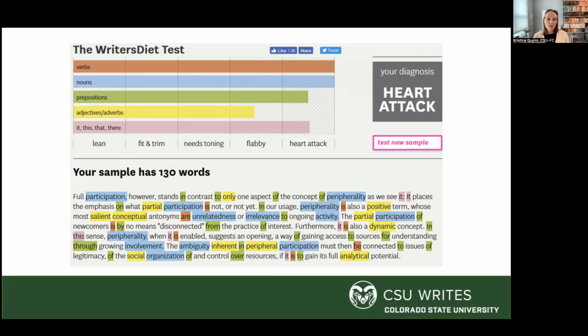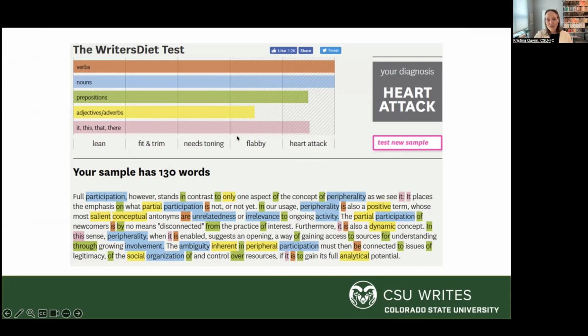So if you're looking to build your clarity and concision writing skills, and you're not sure where you have some challenges in your writing, you can just dump in a portion of it. It doesn't keep it, and it'll give you a diagnostic view. In this one, you can see the nouns, the verbs, the prepositions, and the it, there, and this usage are all in the heart attack range for this 130 word sample.